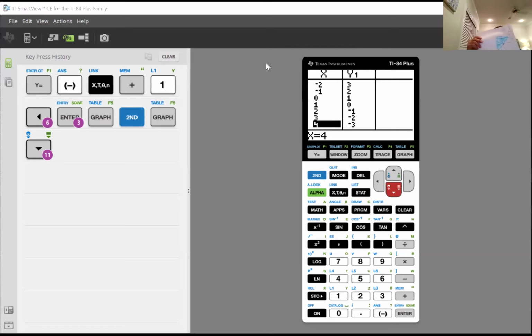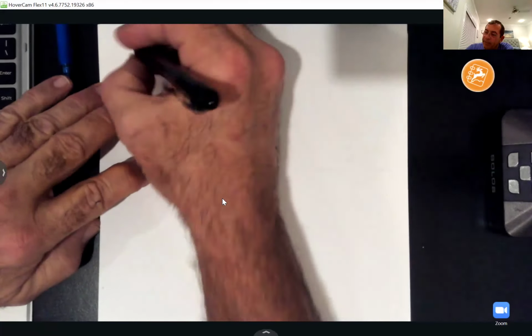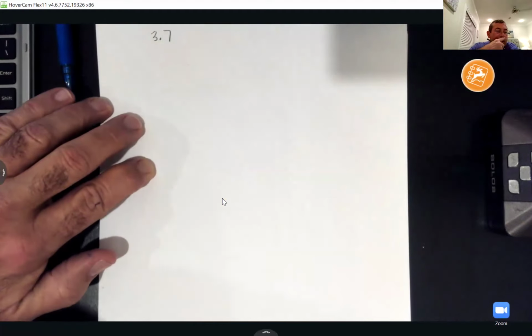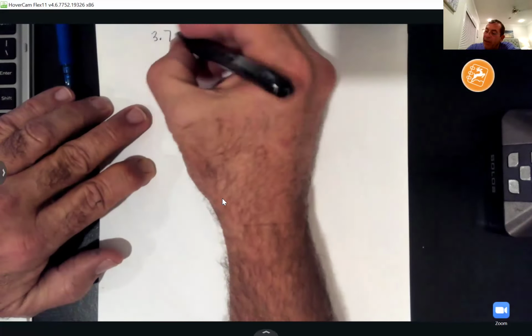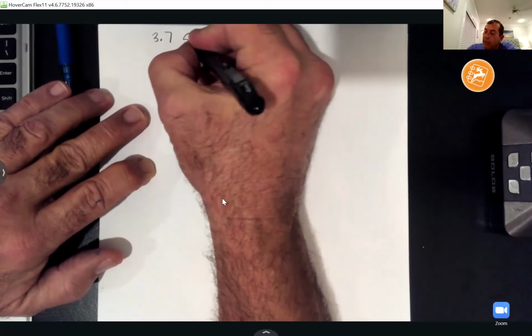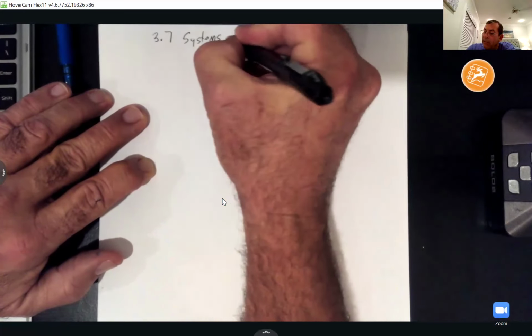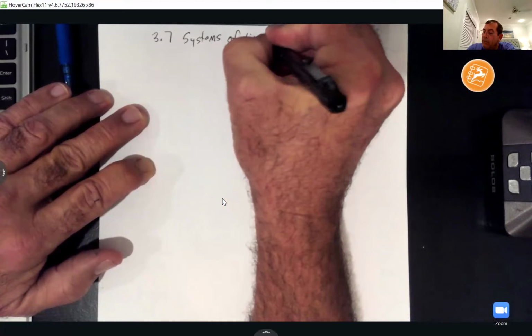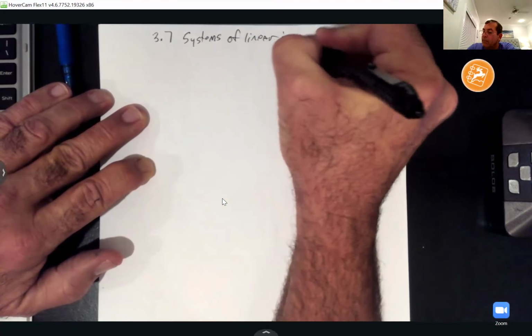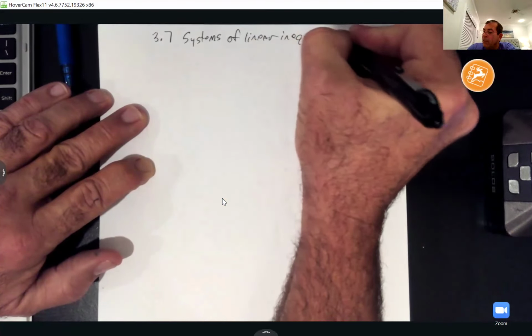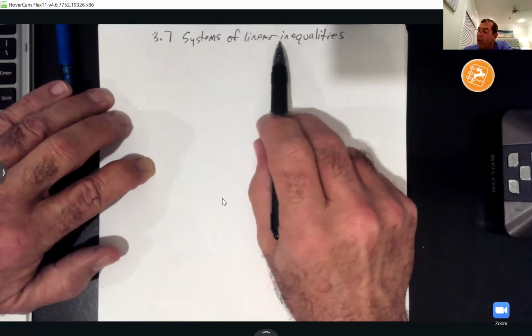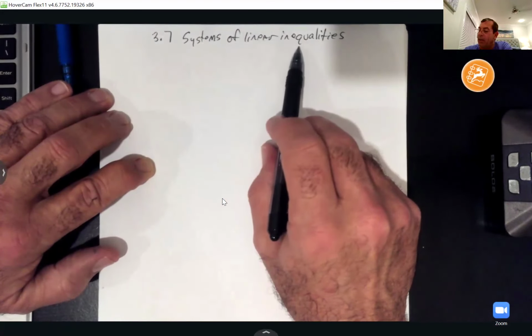So now I'm going to get us into 3.7 college algebra. And y'all, 3.7 is systems of linear inequalities. And y'all, what they mean by this, inequalities were my greater than, less than, and all that.